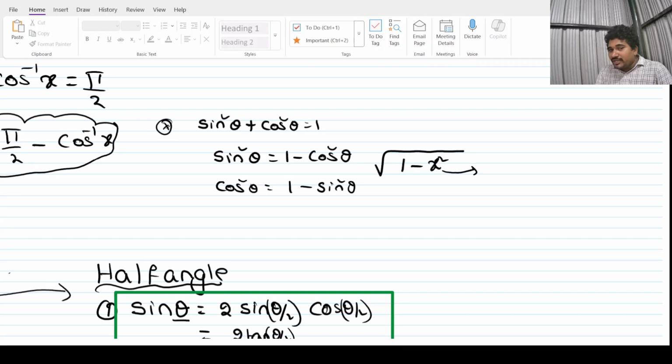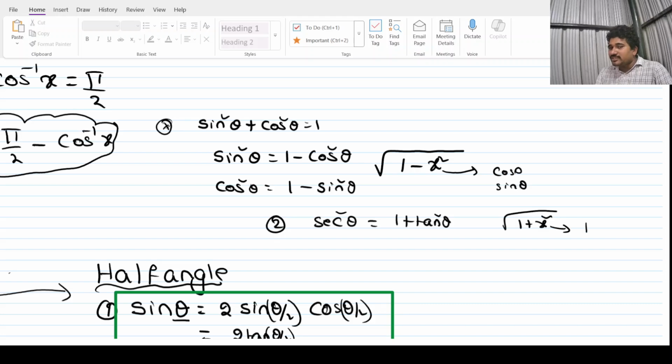Then your mind should tell that x should be either cos or sin only. Understand? Take the second formula: secant square theta is equal to 1 plus tan square theta. Then whenever you have root of 1 plus x square, x should be tan theta. Taking sin is useless.